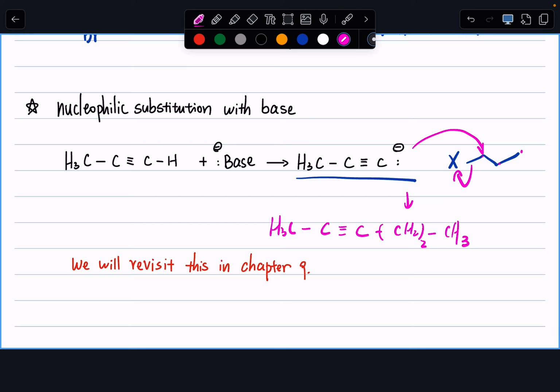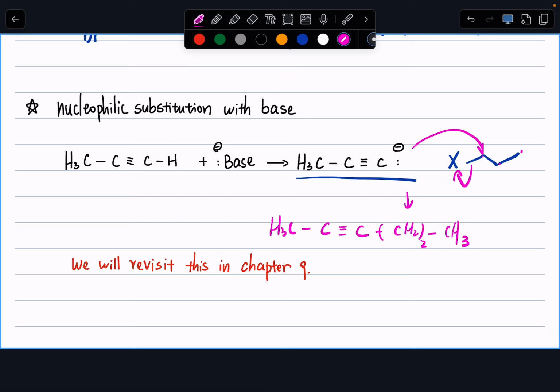So, electrophilic addition of alkynes, in summary, they react very similarly to electrophilic addition of alkenes. The only thing to pay attention to is to keep in mind that you want to control the amount of substrate you're using, whether it's a halogen like Br2 or a hydrohalogen.